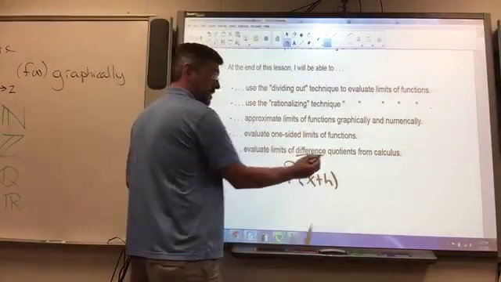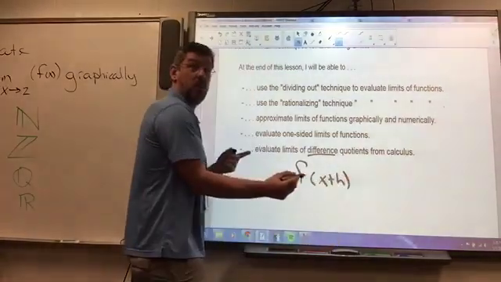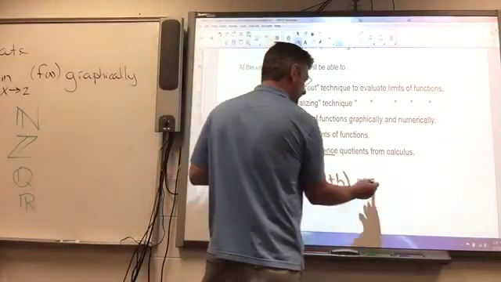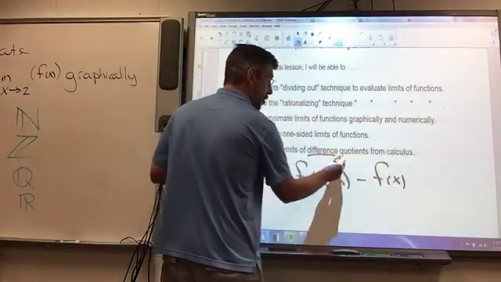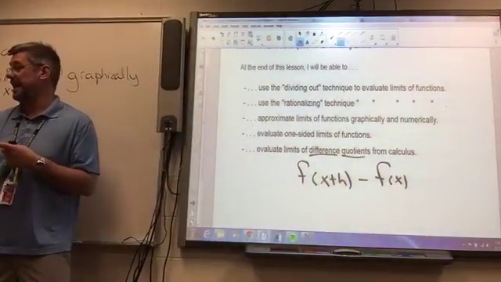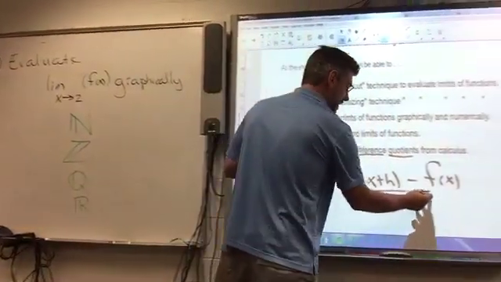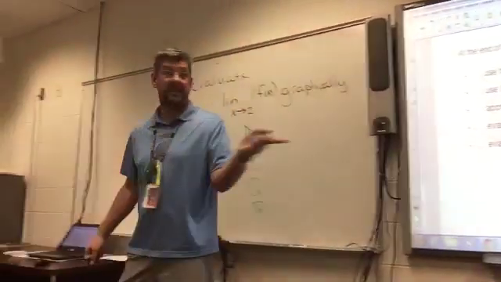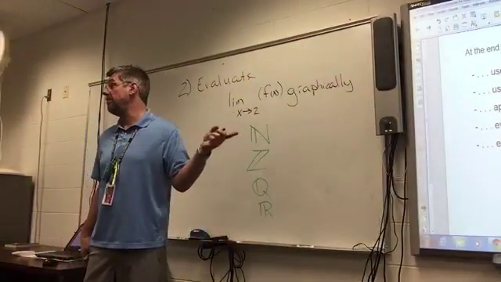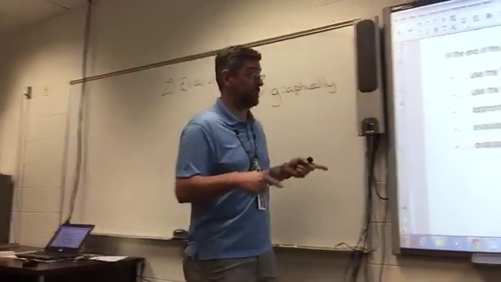Now the word difference comes in, which means a what? Minus sign. F of x. Now the word quotient comes in, which means I divide by h. That's a difference quotient. And we're going to be able to evaluate limits of difference quotients.